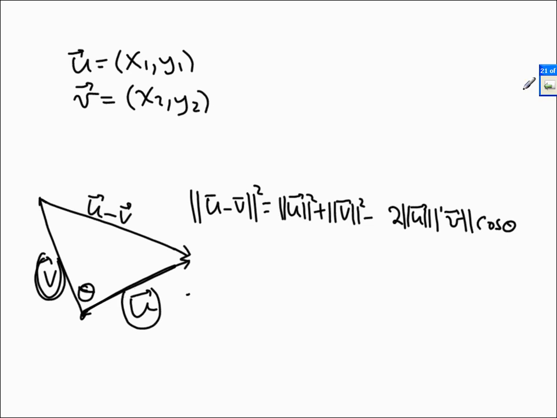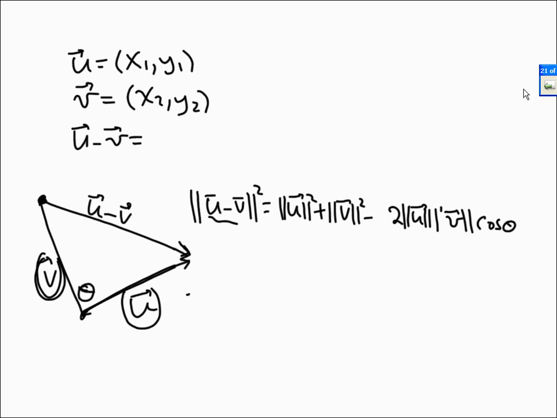Well, then u minus v is going to be head minus tail. I start here, and I end up there.